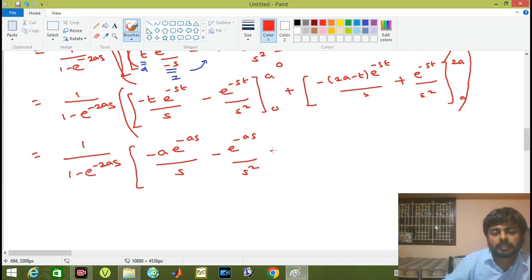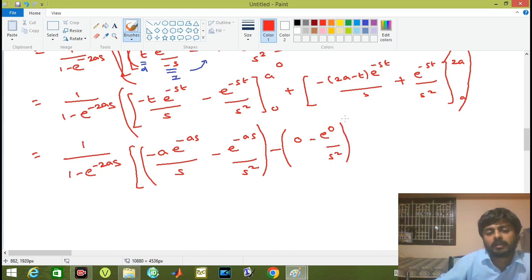Then this is the upper limit minus the lower limit. So we will have 0 minus e power 0 by s square.